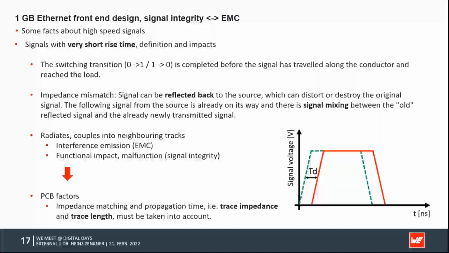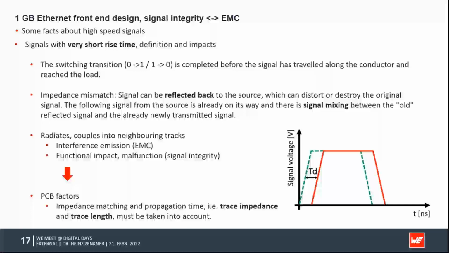In any case, if there is a deviation from the standard matching impedance, in this case the 100 ohms you should have, you will have mismatch. And in the case of mismatch, if the signal hasn't reached the load before the switching transition happens, it will be reflected back to the source.